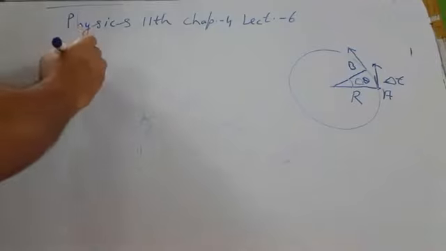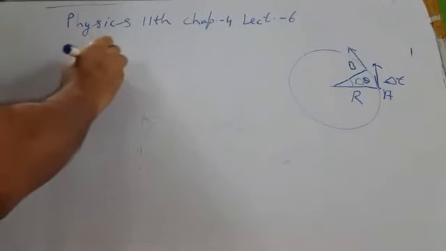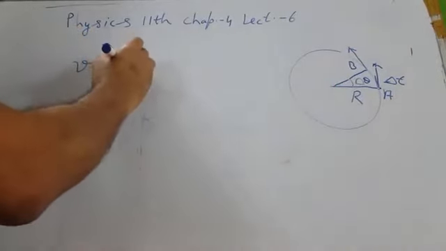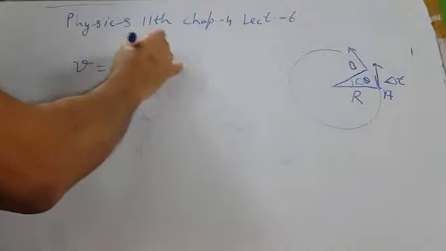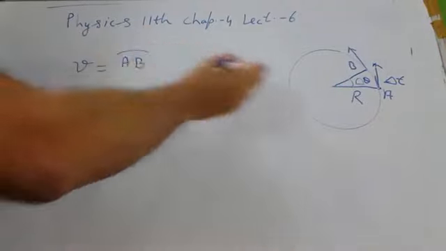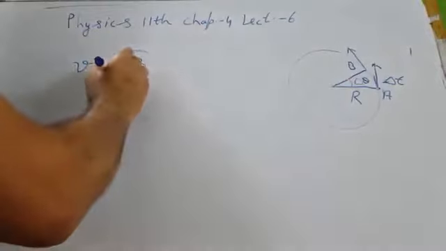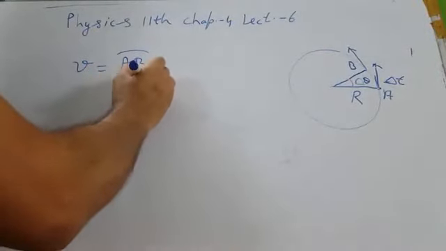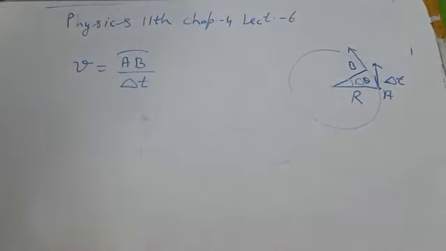So what will be the velocity? Velocity will be arc AB, that is this distance AB, divided by time delta t, because it reaches from point A to B in delta t time.